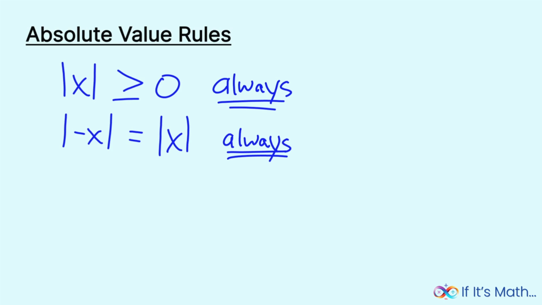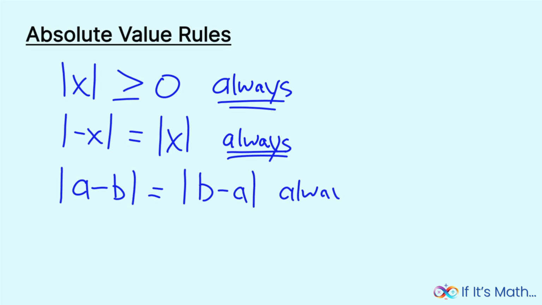One more rule is that the absolute value of a minus b is going to be the same thing as the absolute value of b minus a, always. There's no scenario in which that's not true. So these are 3 really important rules. The absolute value of x will always be non-negative.